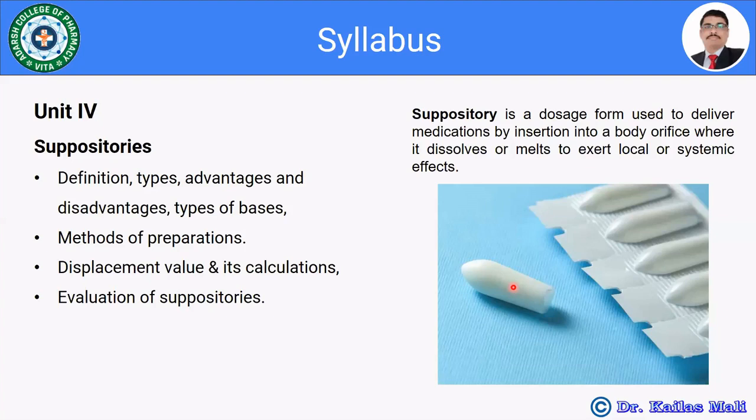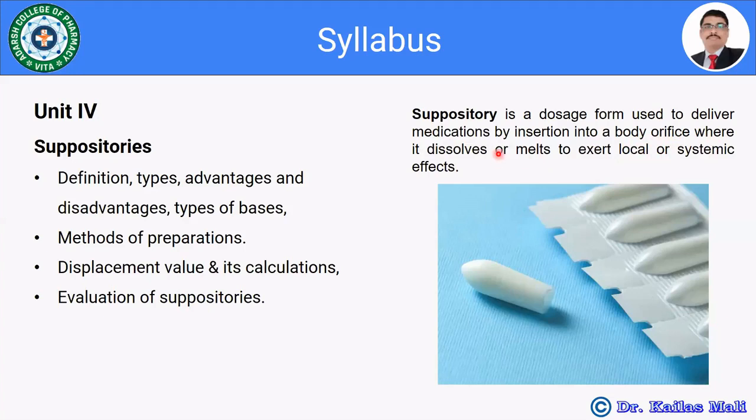It is going to be released and it exerts the local action or it gives the systemic effect. That is known as the suppository. So suppository is a dosage form which is used to deliver the medication by insertion into a body orifice, for example rectum, where it dissolves or melts to exert local or a systemic effect.